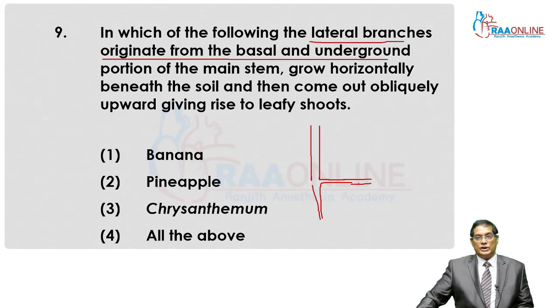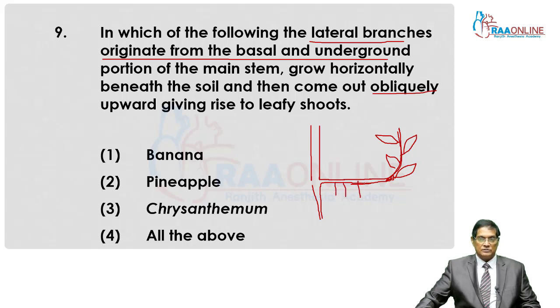Initially they grow horizontally, then come obliquely or vertically upward. On this particular branch, you will see the leaves, and small roots are given out by this structure also.